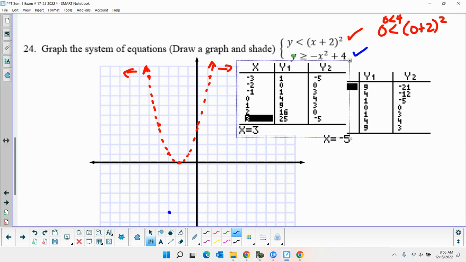Negative 2, 0. Oh, it's there again. Negative 1, 3. 0, 4. Positive 1, 3. 2, 0. And 3, negative 5. This one's got the equal to, so it's solid.